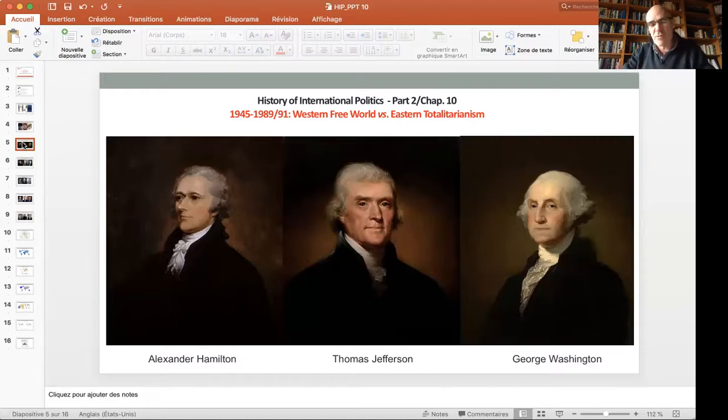And you may know that as late as 1812, an American-British war ended up in Washington being burnt down by the British. The issue at stake was Canada's independence, which was not possible. Canada remained a British dominion.